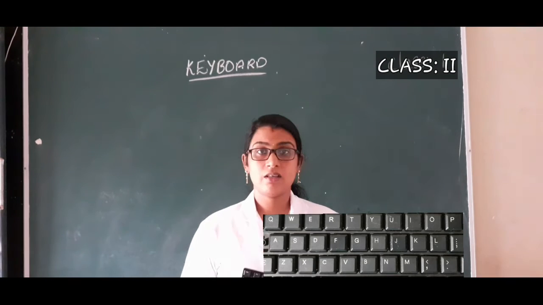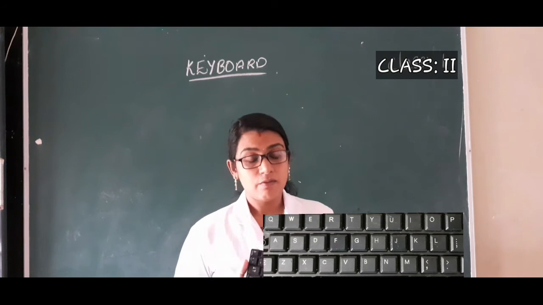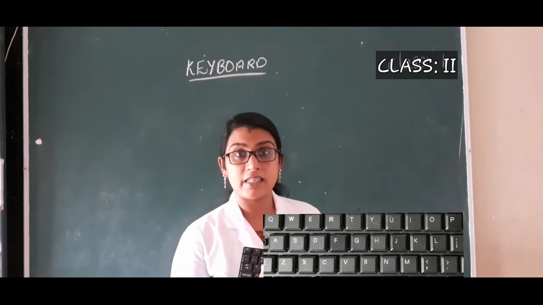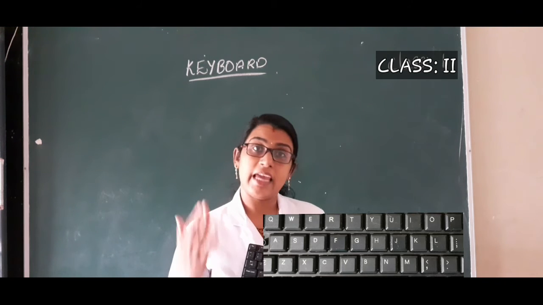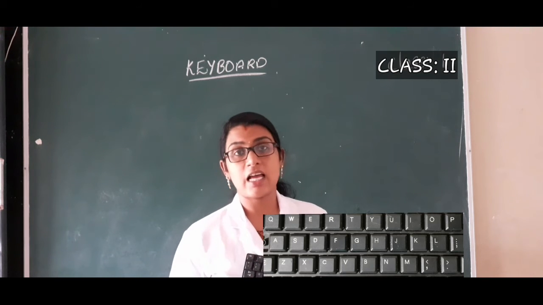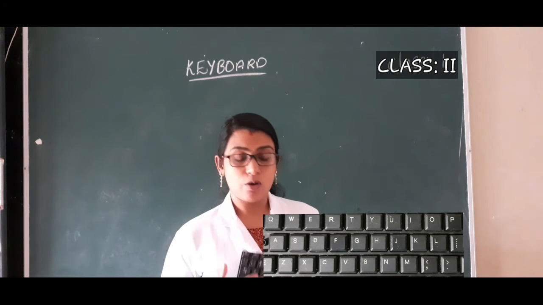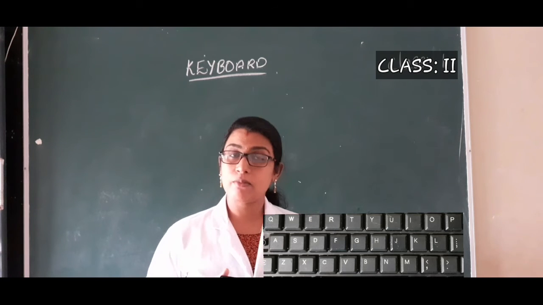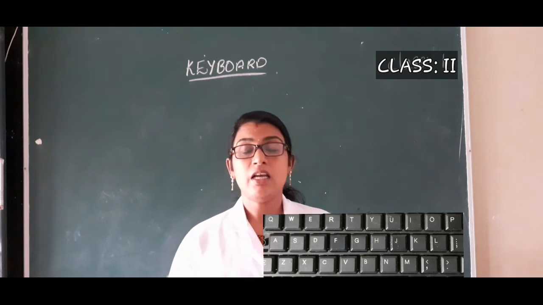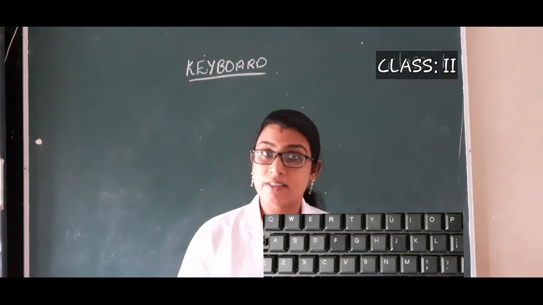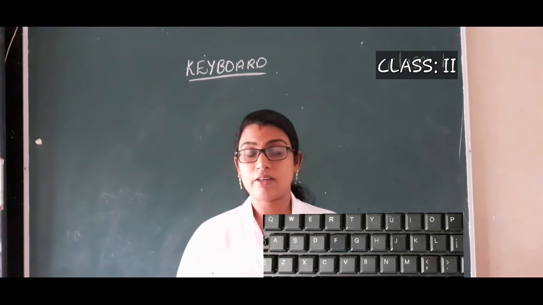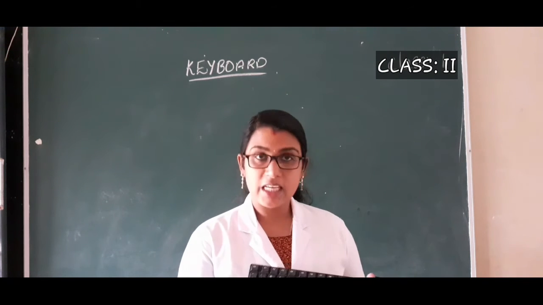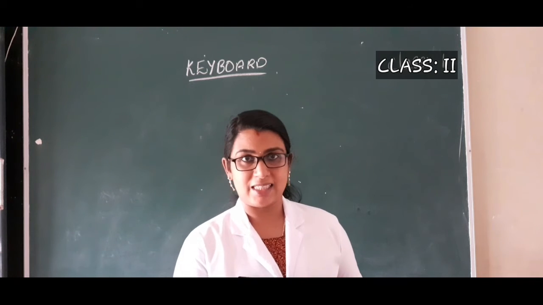The keys which show the letters A to Z are known as alphabetic keys. By using these alphabetic keys, you can type your name, letters, your residential address. You can write anything by using these alphabetic keys.